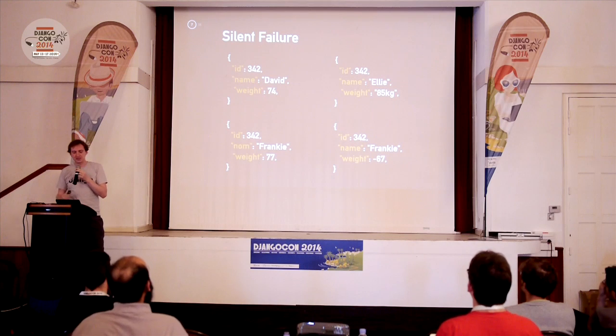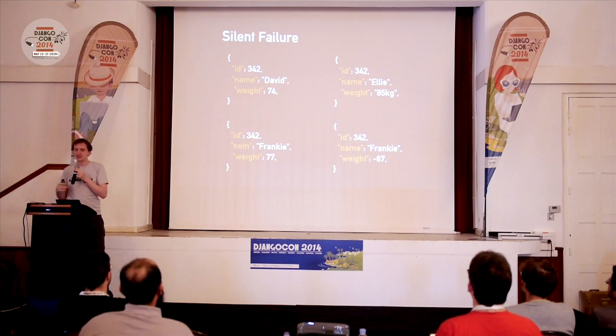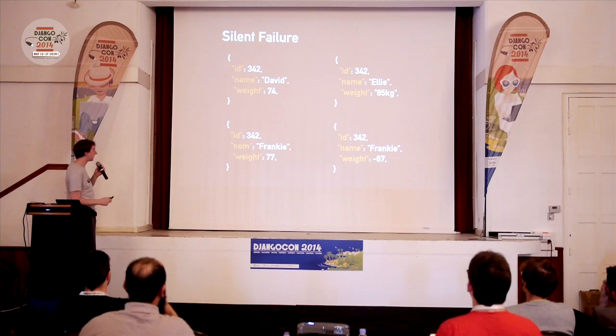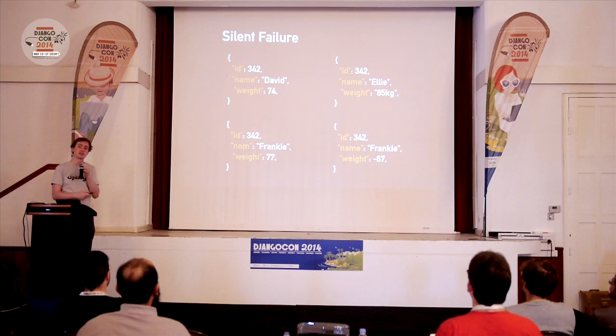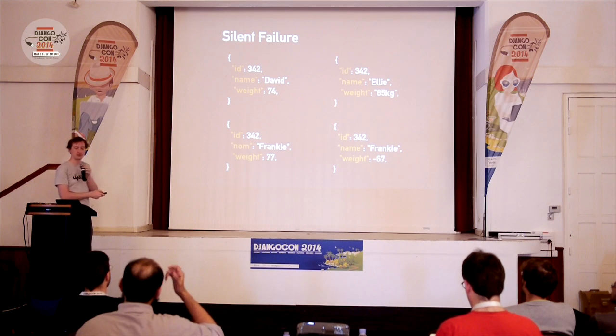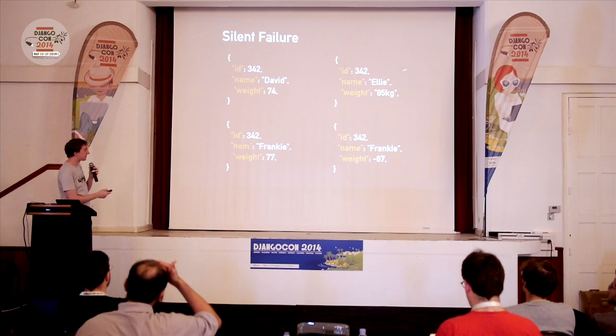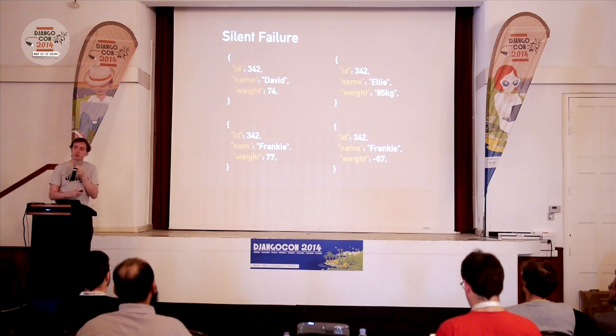Some of the problem with the implicit schema is there's silent failure. Now, as you can see here, this top left example is perfect. There's an ID, there's a name, there's a weight. That's all fantastic. But over here, the weight is 85 kg. It's a string, the string 85 kg. That could be valid, like if it's storing units, that's great. But that does not match this, and nothing's called that error.